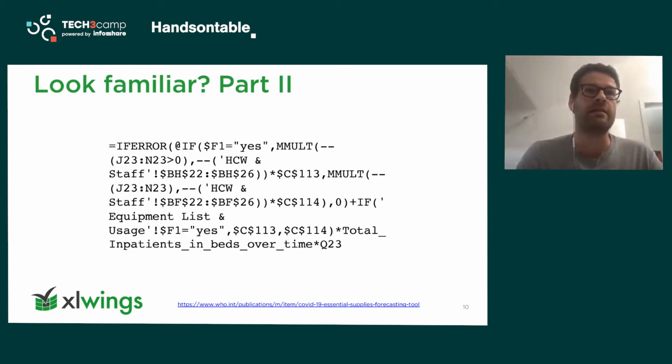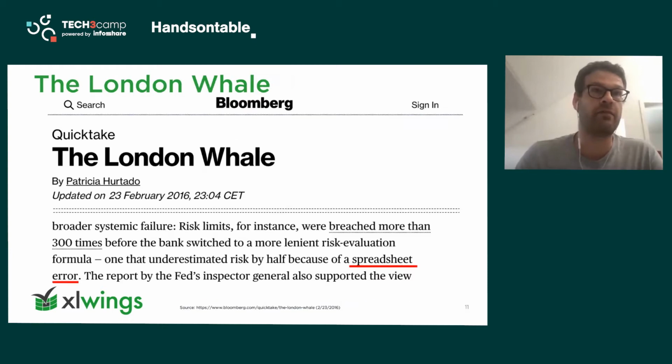And the issue is it's unstructured. You don't know what the column names refer to. So it's very, very hard for somebody else to validate or peer review these formulas. And that's another issue that Excel files generally have.